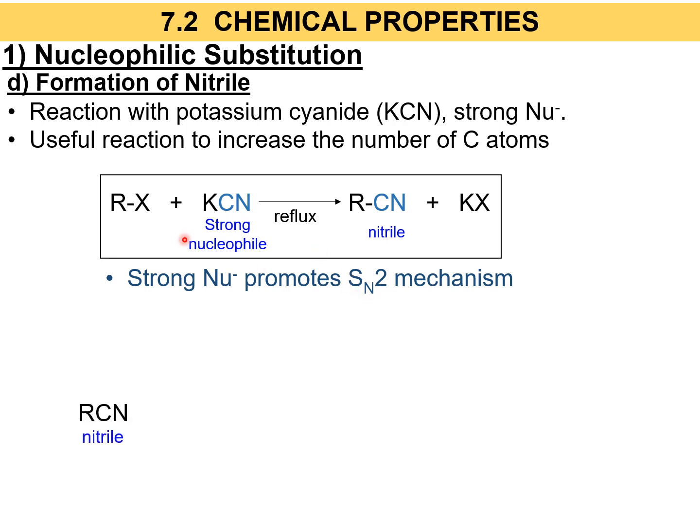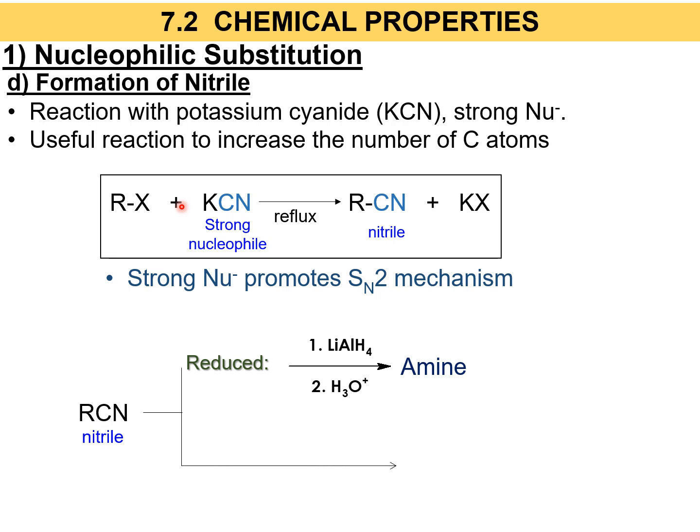Tapi nitrile compound ni dia boleh react further. Dia boleh buat reduction with reducing reagent such as follows, dan dia akan dapat primary amine. Okay, kalau let's say dia buat hydrolysis with this kind of reagent, dia akan dapat carboxylic acid.